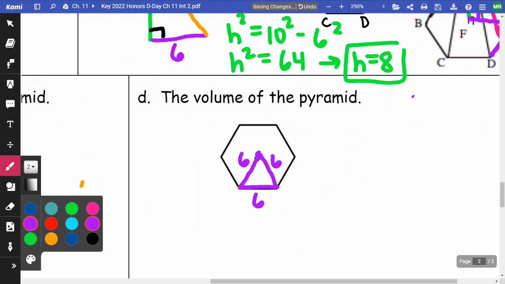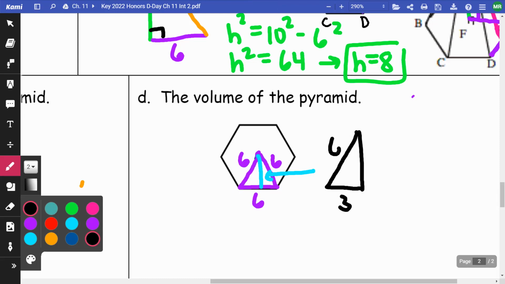So if I find the distance from here to here, that's going to be the height of this. Now, this is an equilateral triangle, which means I have a 30, 60, 90. So this height right here in my triangle, this is now going to be 3. This is a 6. And this height here is 3√3.